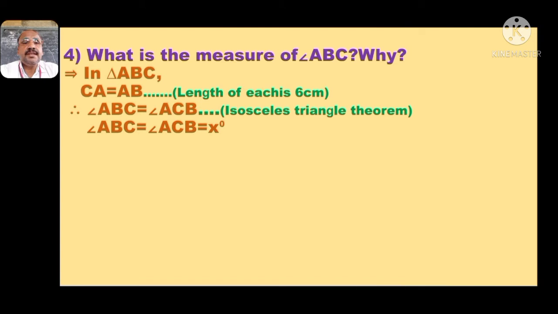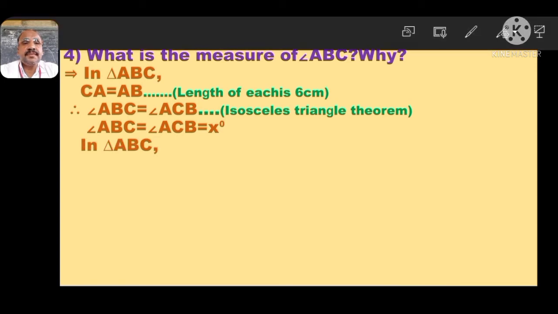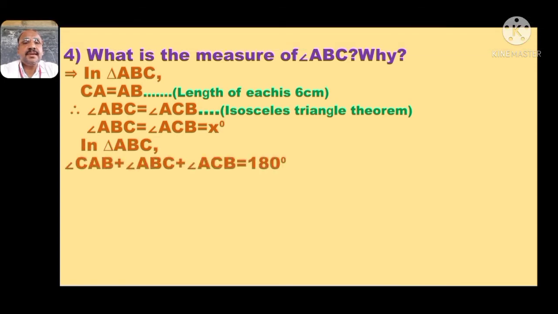Therefore, angle ABC is equal to angle ACB, which is equal to x degrees. In triangle ABC, angle CAB plus angle ABC plus angle ACB is equal to 180 degrees. Reason, the sum of measures of angles of a triangle.